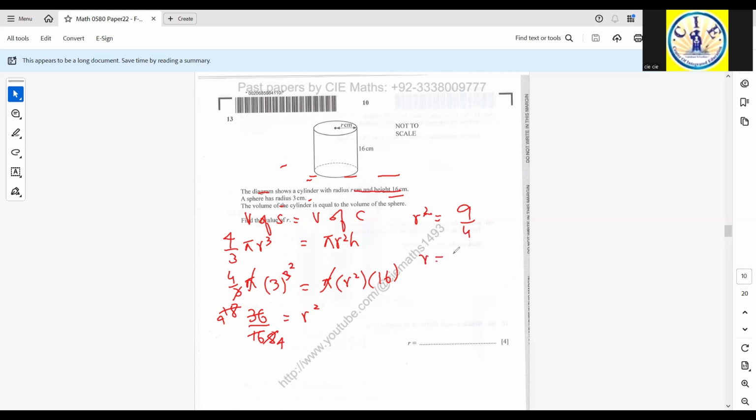So the value of radius is plus minus square root of 9 by 4, that is plus minus 3 by 2. And since radius is a length, which has to be positive, r is going to be positive 3 by 2, that is 1.5 centimeters. 1.5 centimeter is the radius.